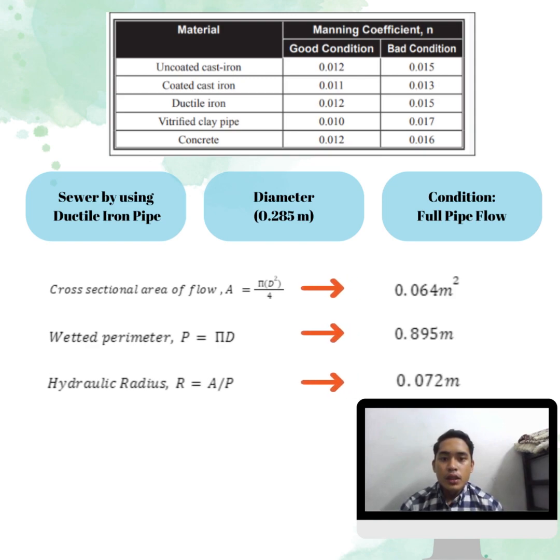After we insert the value of diameter, we get 0.064 meter square. For the wetted perimeter, the formula for full pipe flow is pi d, which gives 0.895 meter. And for the hydraulic radius, the formula is area over perimeter. After we insert the values, we get 0.072 meter.